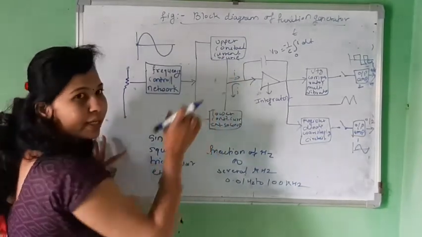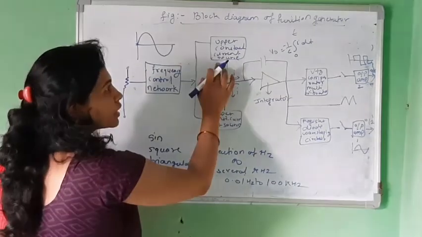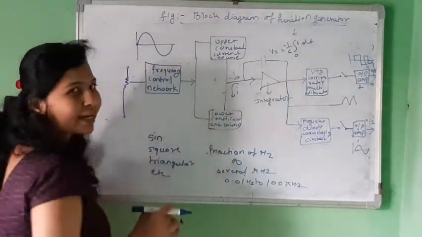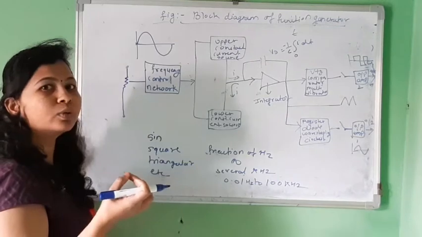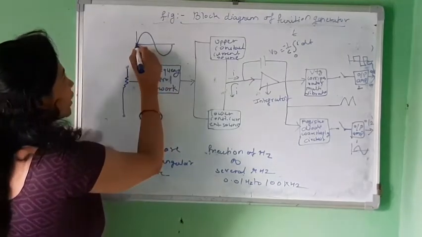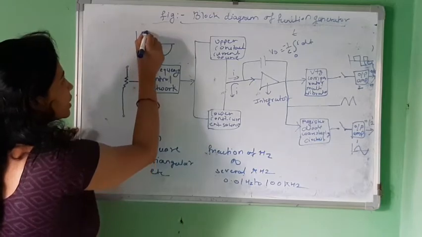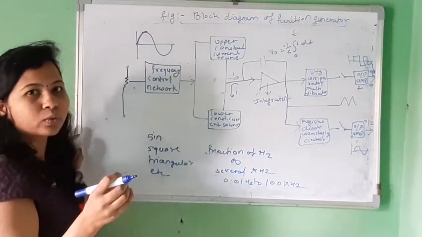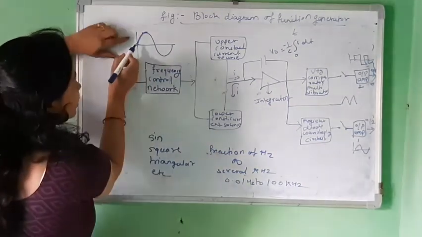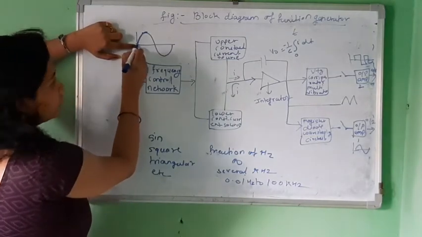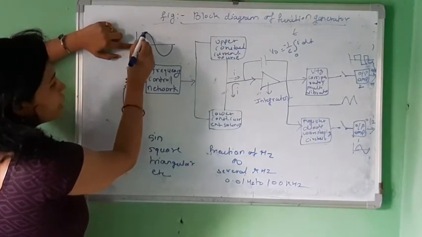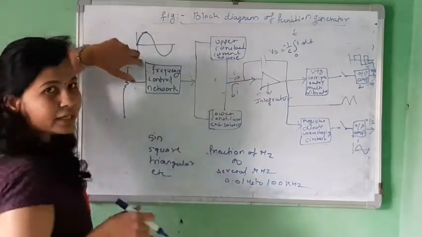This circuit will get on, and when this circuit gets on, the capacitor will start to charge. Up to this point, the capacitor is charging. This waveform is given. So this is the way the capacitor will get charged.